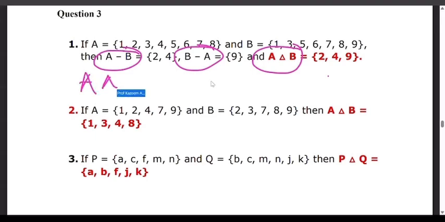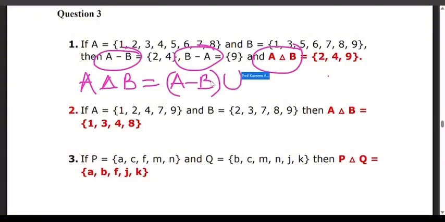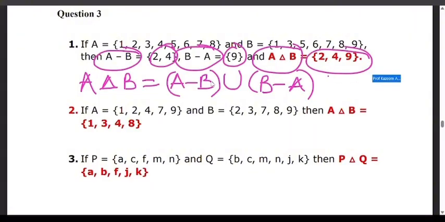The symmetric difference is the union between A difference B and B difference A. You get 2 and 4 for A difference B, and you get 9 for B difference A. The union is bringing all of them together, and that will give you A symmetric difference B. So A symmetric difference B means the union of A difference B and B difference A.